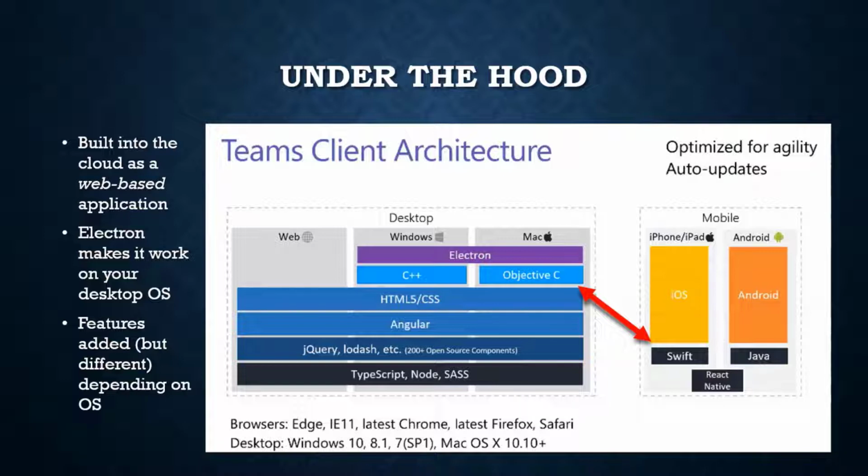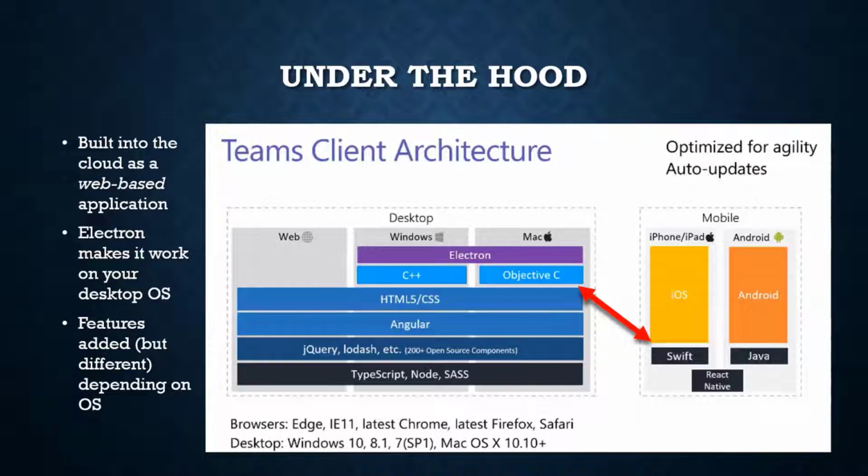That has to do with the layers that Microsoft has built into Teams and how it interacts with people on whatever device they're going to use it on. So at the very bottom level, there's the code, TypeScript or jQuery, Angular, all put out there in an HTML interface, and that's where the web sees it.